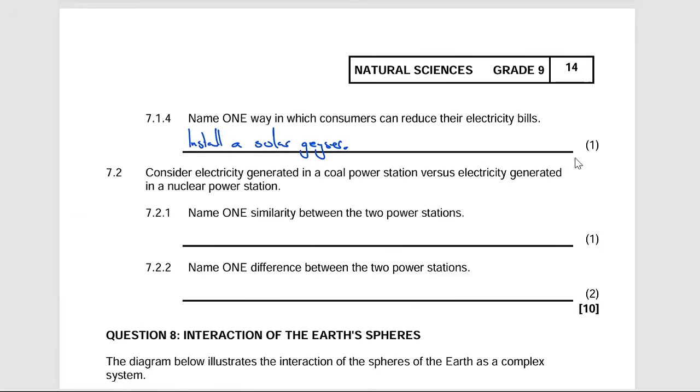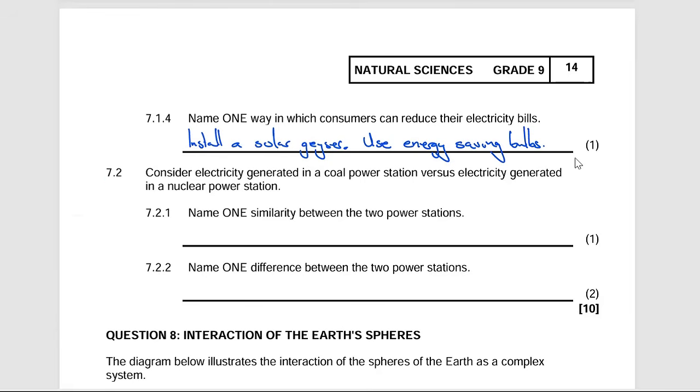Then also let's use energy saving bulbs. So these are some of the answers that you can make use of, or you can also say switch off the electrical appliances that you are not using, right?